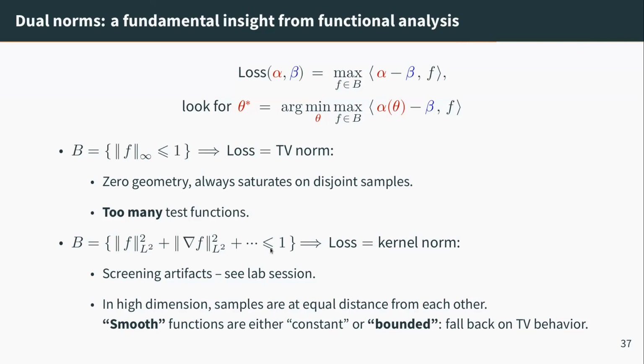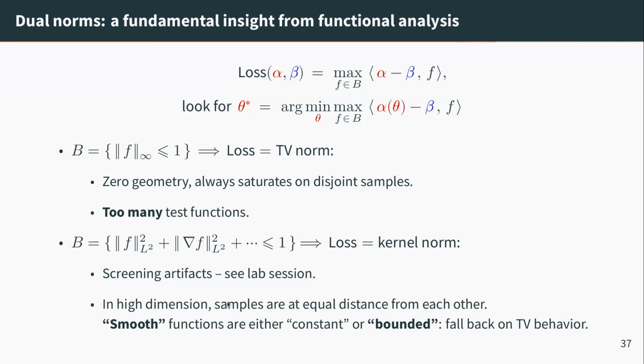And if you do that, the dual norm that is associated to this is exactly a kernel norm. So as you can see in the lab session, you have some artifacts with that, but generally speaking, in small dimension, it's kind of relevant, because a smooth function in a space of dimension 1, you know what it means. It's interesting.